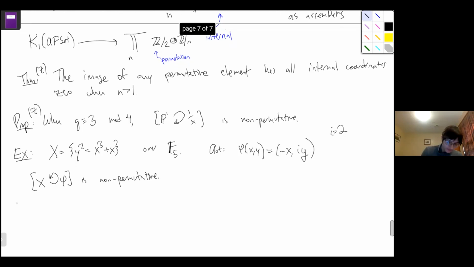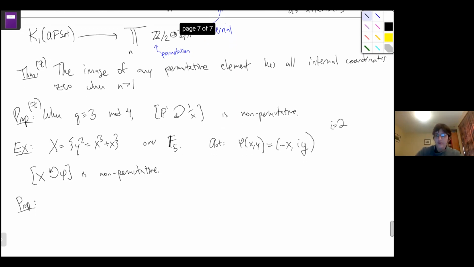And the last example I want to give is, let's assume that Q is 1 mod 4, but Q is not equal to 1 mod 16.